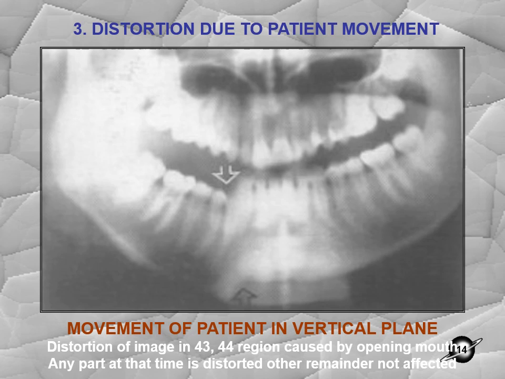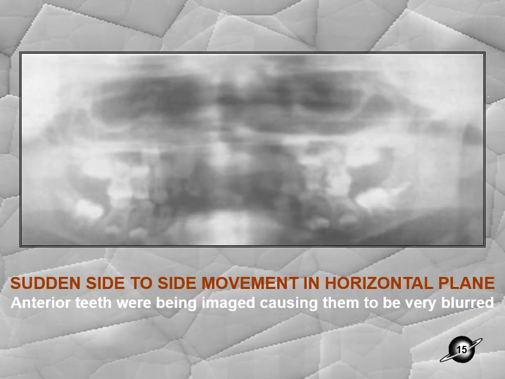Then distortion due to patient movement. Whenever we take an OPG, the patient needs to stand still. If a patient moves while taking an OPG, what we see is a distortion of the image, as we can appreciate with the present OPG where the 43, 44 regions are distorted. The rest is not affected. That's because while exposing that particular area, there was a movement of the patient. There's a sudden side to side movement in a horizontal plane.